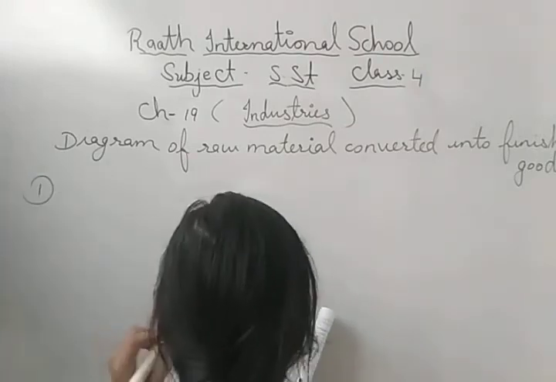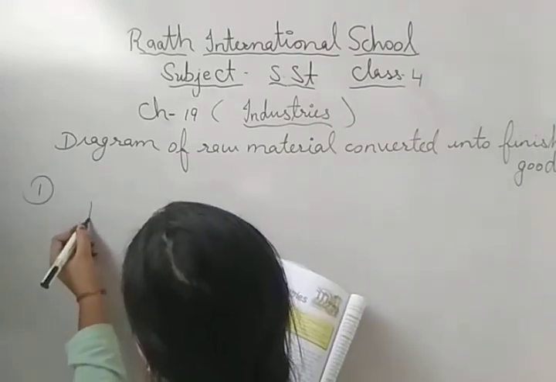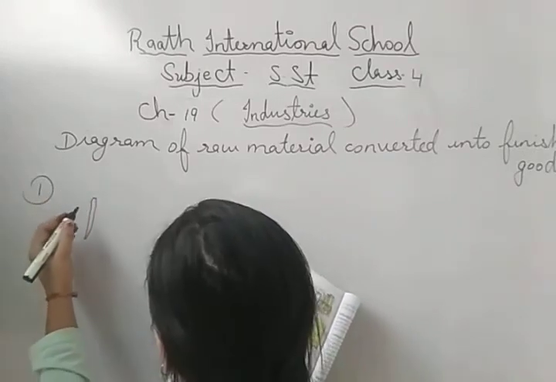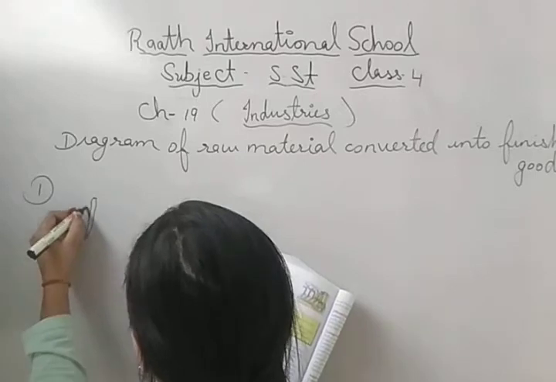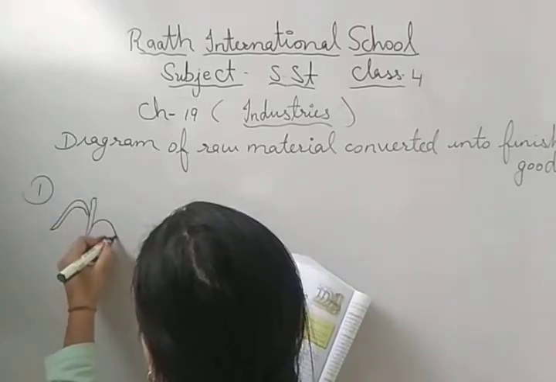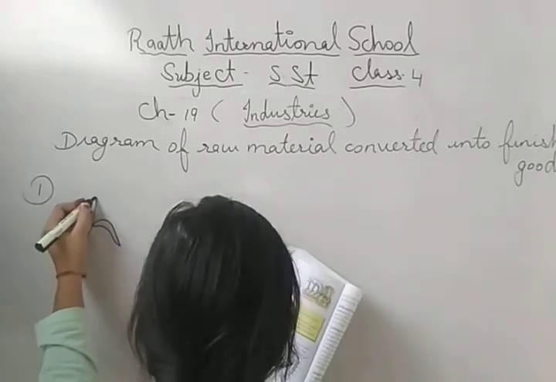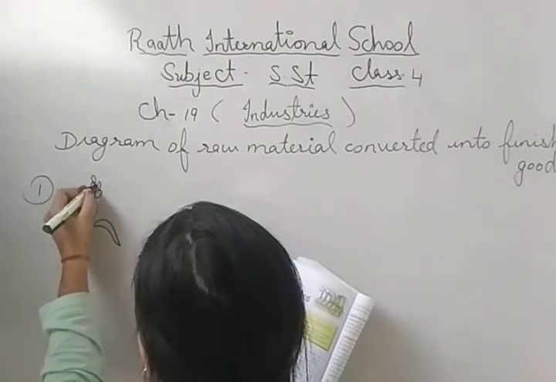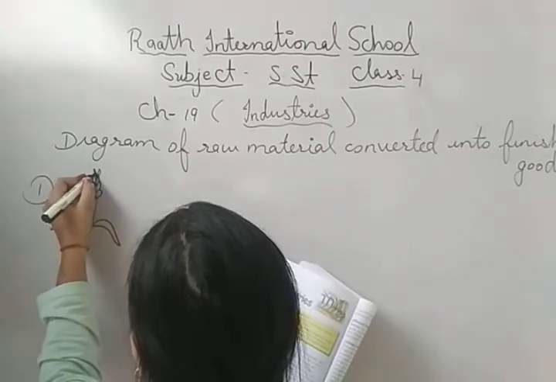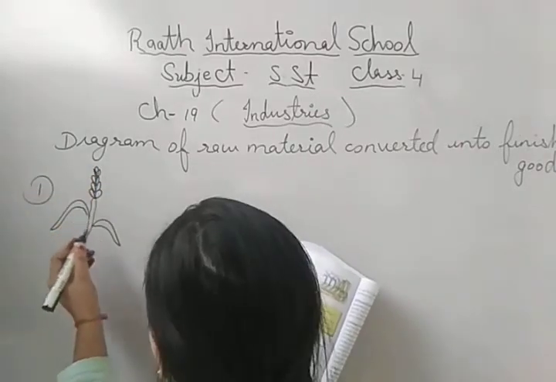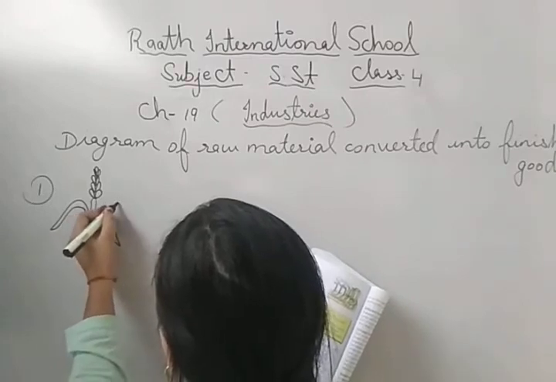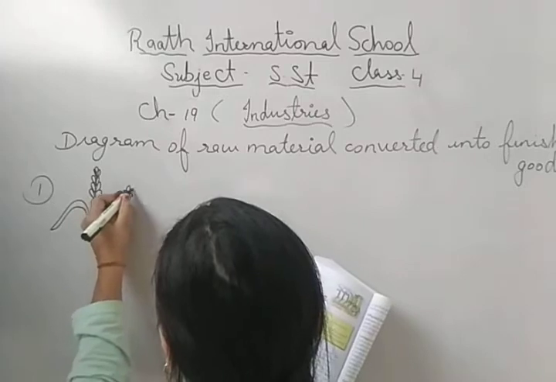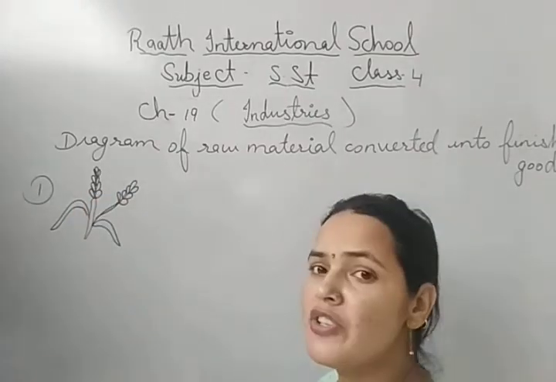So here is the first item, that is wheat. Wheat, that is a food crop. So which crop is this?